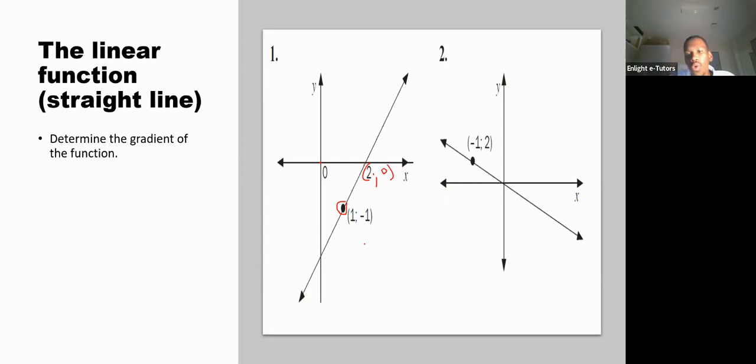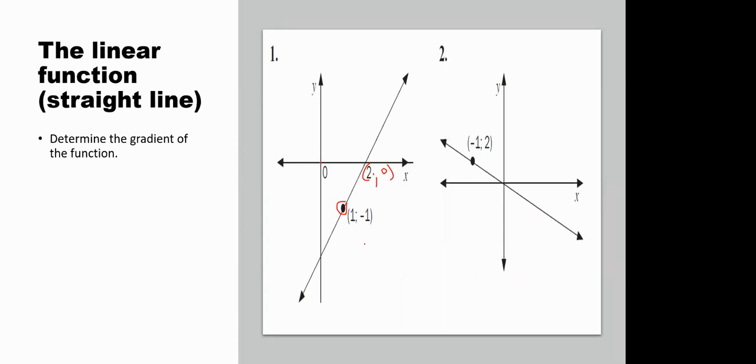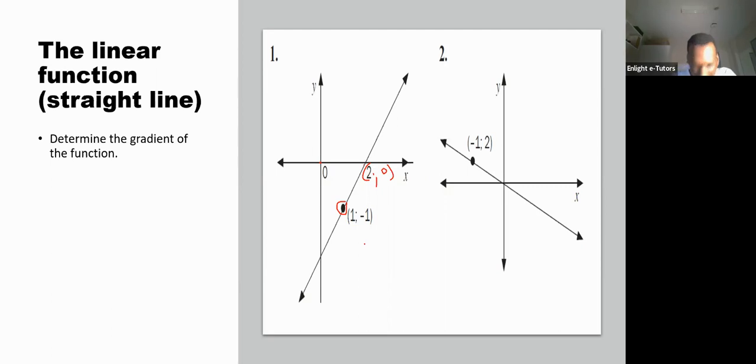From this one, you can work out your gradient. You know how to calculate the gradient of a straight line? I do. Let me try. It's going to be y2 minus y1 over x2 minus x1. Exactly. And then you're going to get your answer.